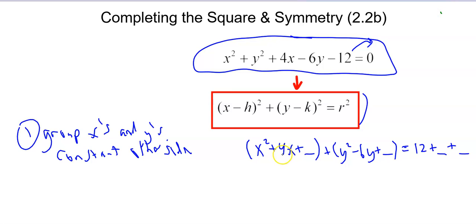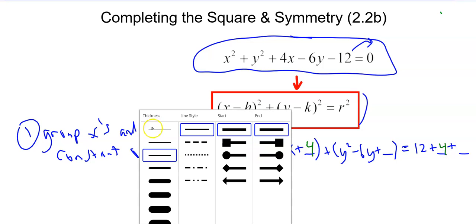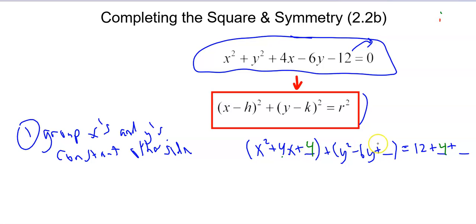So we do the basic complete the square. Remember, you take half of 4 and square it. Half of 4 is 2, 2 squared is 4, so I'm going to add 4 to both sides here. Then for this one, half of negative 6 is negative 3, and negative 3 squared is positive 9. It's always going to be a positive number you're adding, so I'm adding 9 to both sides.